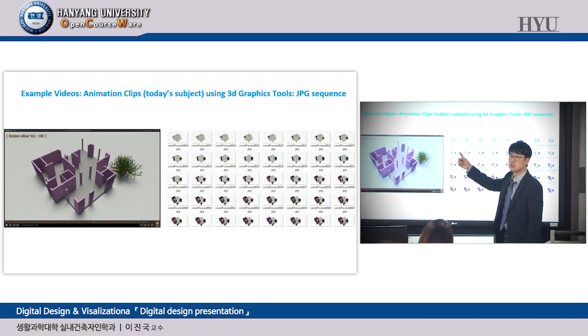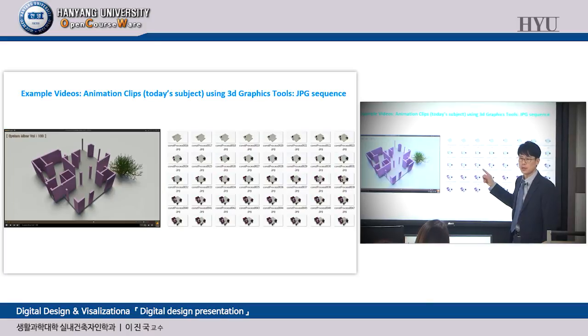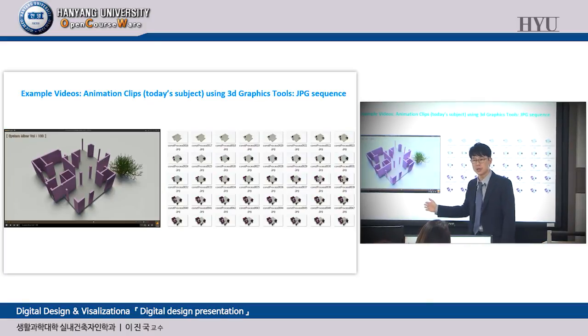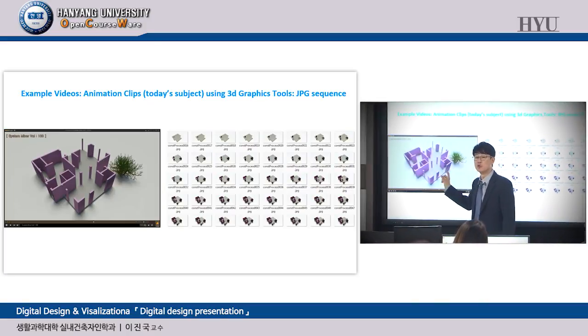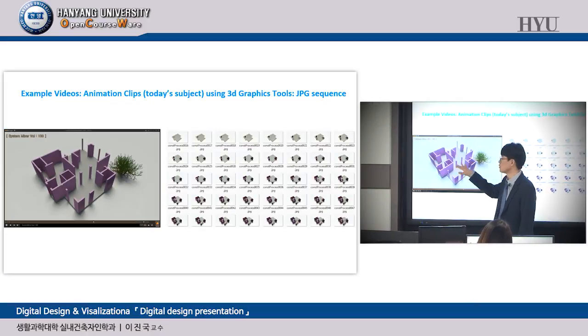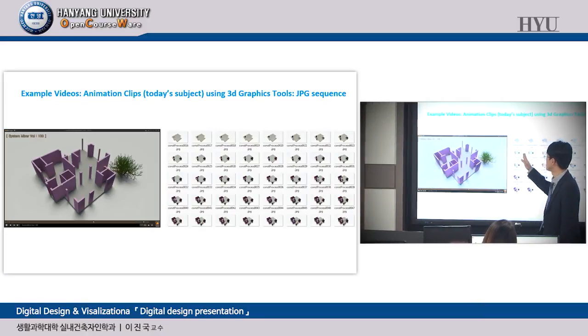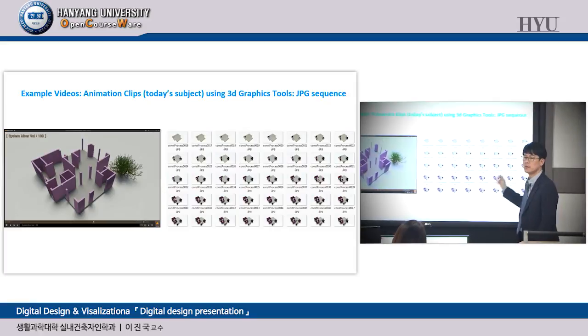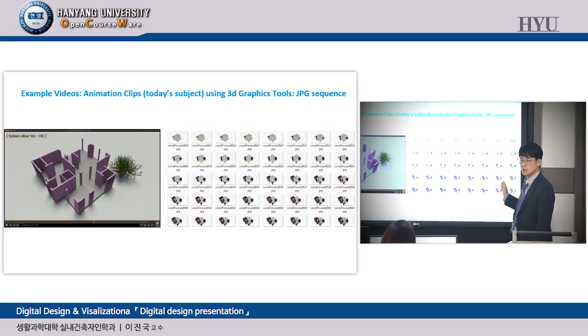You can get sequential JPEG images, okay? If you set some range, time slide, and put some movement of the camera or movement of an object, then you can make this kind of sequential render images. This is exactly what you need to do for today's lab exercise, for animation making.